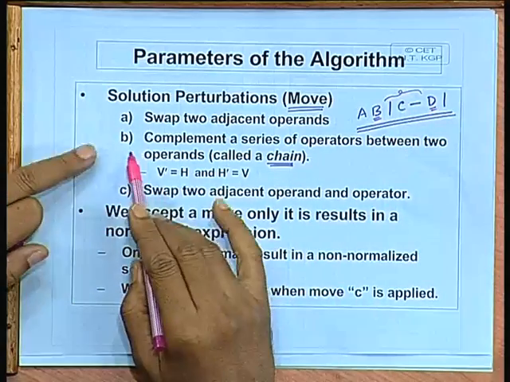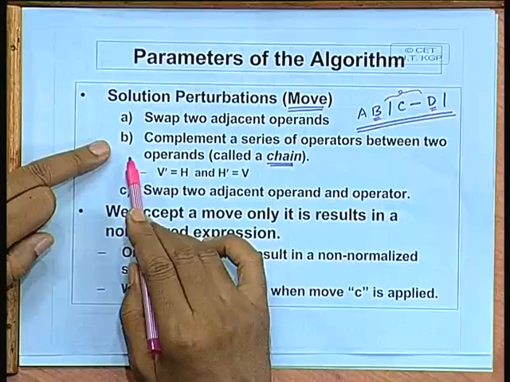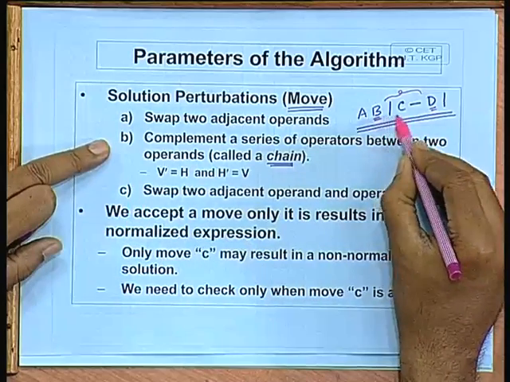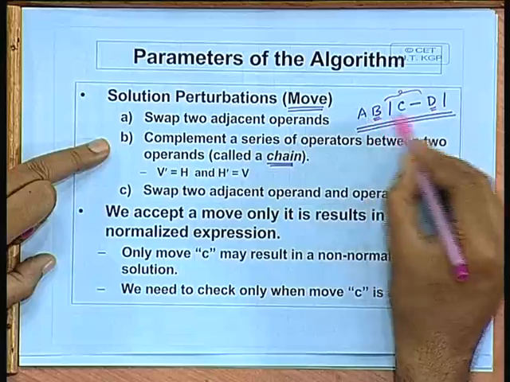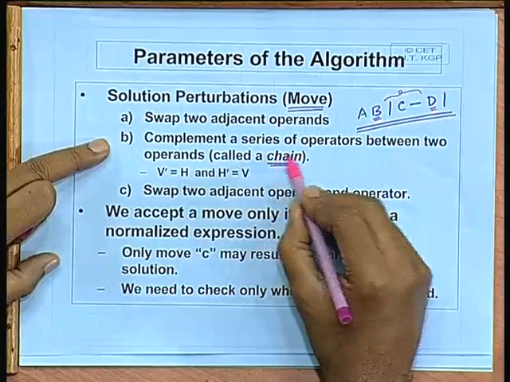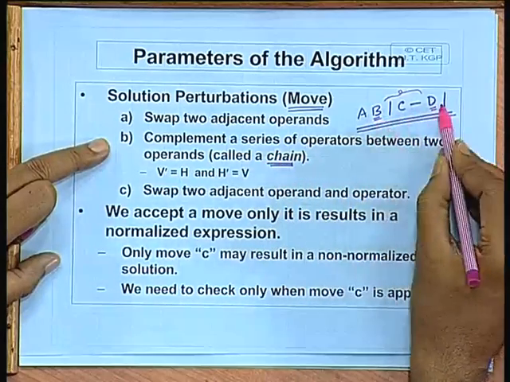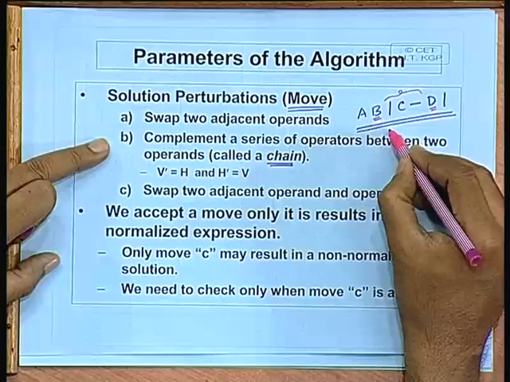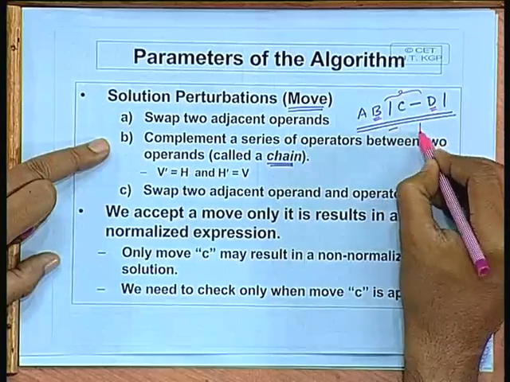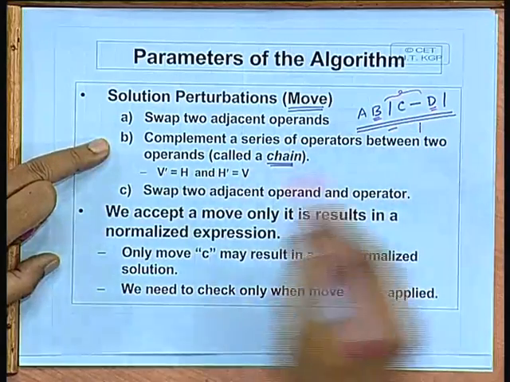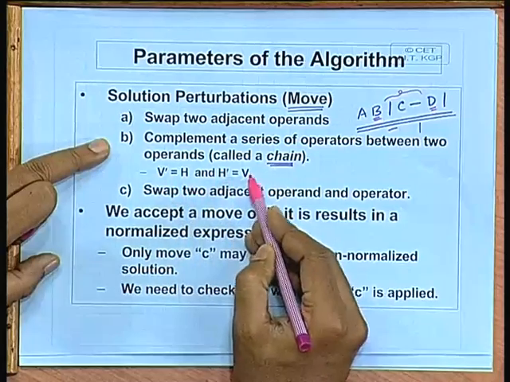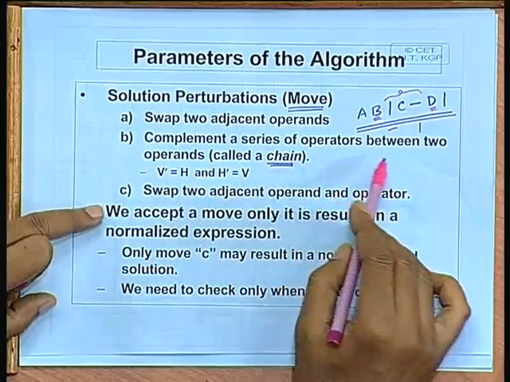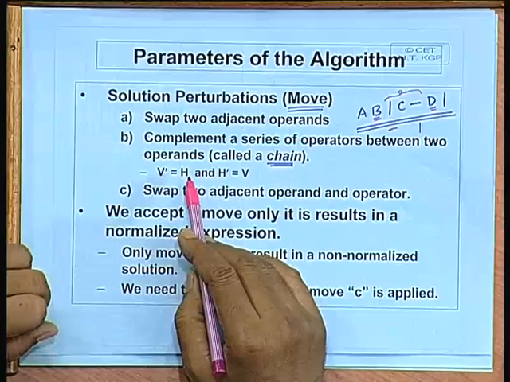So, the second kind of move says that for a chain, which means for a given pair of operands, say B and D, you complement the operators, like this bar will become dash, this dash will become bar. So, if it is a vertical operator, it will become a horizontal one, and horizontal will become vertical. So, complement a series of operators between two operands.